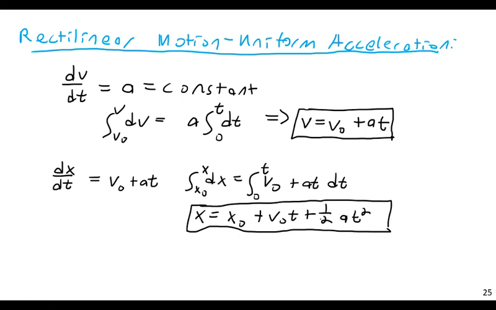Then I can get another form, if I use the relationship that v dv dx equals a, which is a constant.